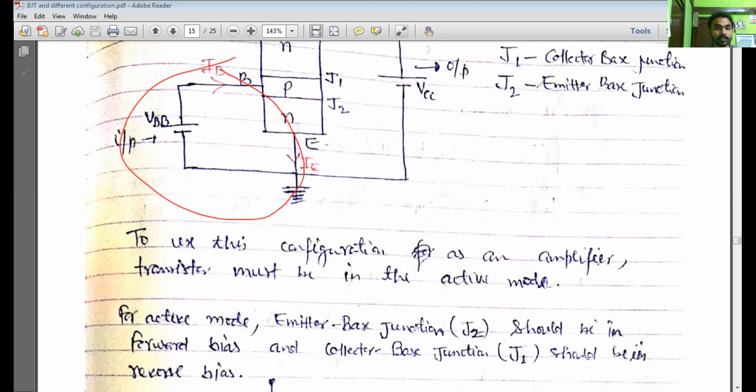That's why I told you J2 is emitter-base. So for active mode, the emitter-base junction J2 should be in the forward bias, and the output, that is the collector and emitter.